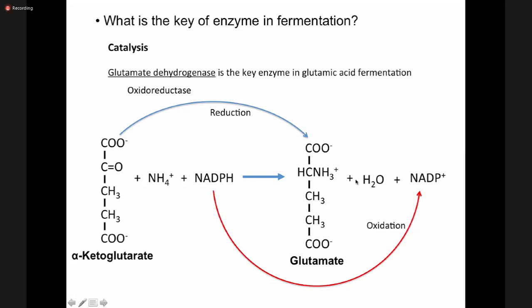Then it produces glutamate. And this reaction is reduction. Therefore, NADPH is oxidized to NADP plus. So this reaction includes addition of this ammonium ion into this compound, but basically it is oxidation reduction. So therefore, this enzyme, glutamate dehydrogenase, is a member of oxidoreductase.